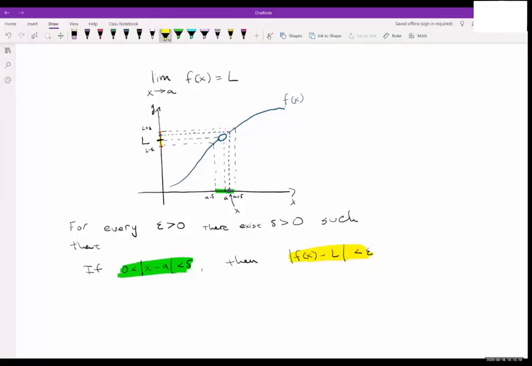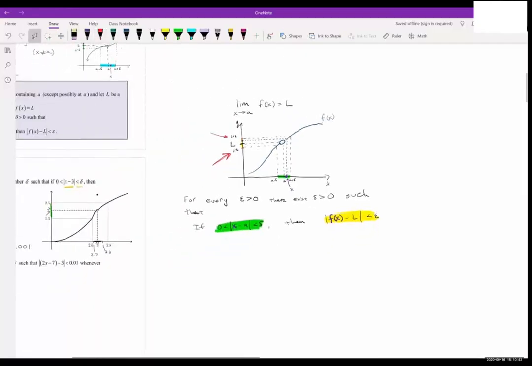That's the definition. As long as we pick a purple x in the green region, we're guaranteed to have a purple f of x, a y value in the yellow region. And we can do this for every single epsilon, which means that we can take these red guys here and get them closer and closer together.